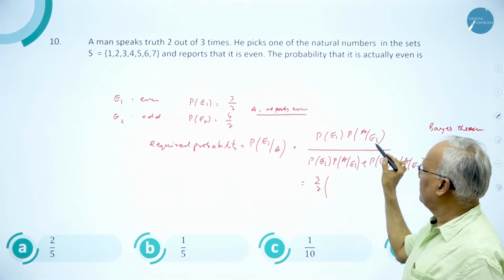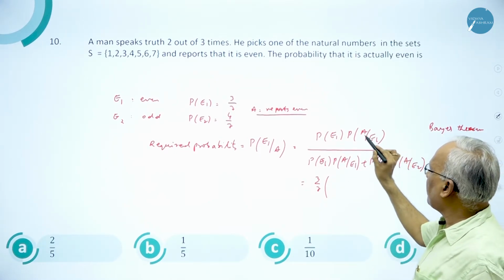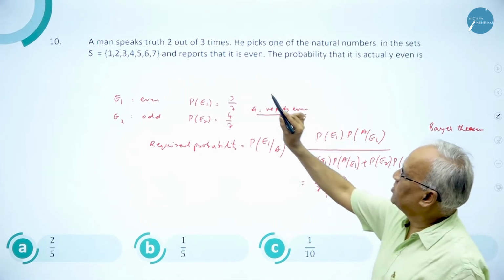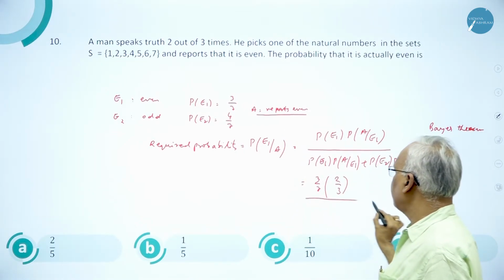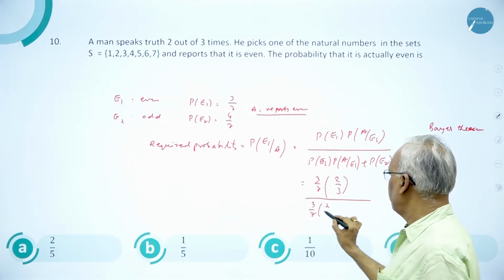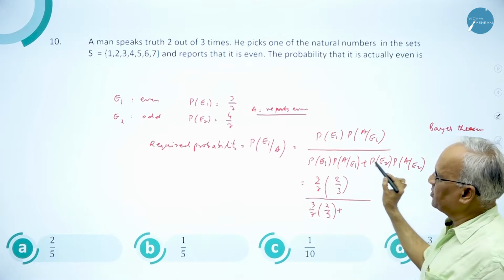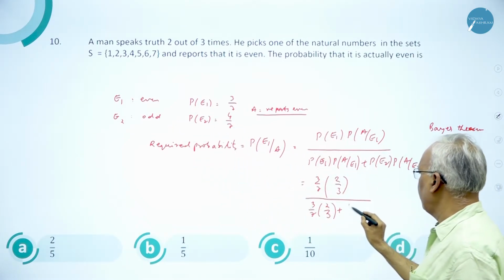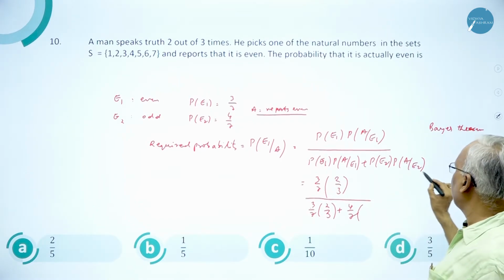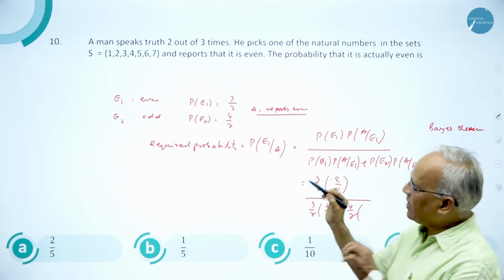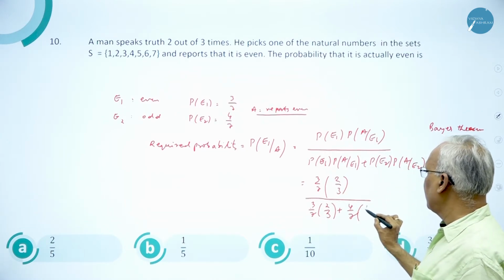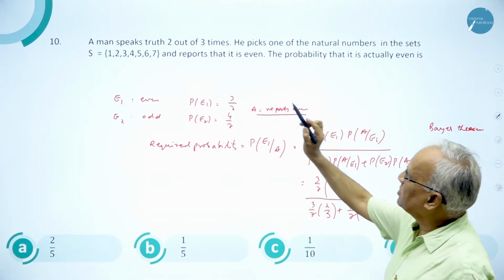Suppose an even number occurs, so what is the probability that he reports it is even? 2 by 3, because he speaks truth 2 out of 3 times. In the denominator, it is probability of even, the same thing you repeat: 3 by 7 into 2 by 3 plus probability of E2, that is the odd number, which is 4 by 7, into the probability that the man reports even given that it is odd. Suppose he picks an odd number, what is the probability that he reports it is even? It is 1 by 3, because he speaks truth 2 out of 3 times.